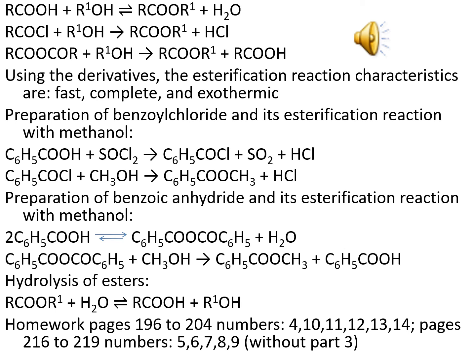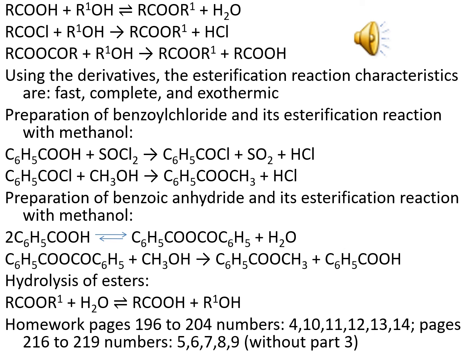So in this case, I'm using the SOCl2 with the benzoic acid to produce the benzoyl chloride plus SO2 plus HCl. Now the benzoyl chloride is involved in the esterification reaction with methanol to produce methyl benzoate as the ester plus HCl.